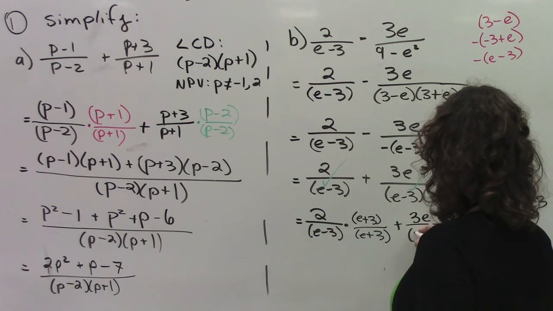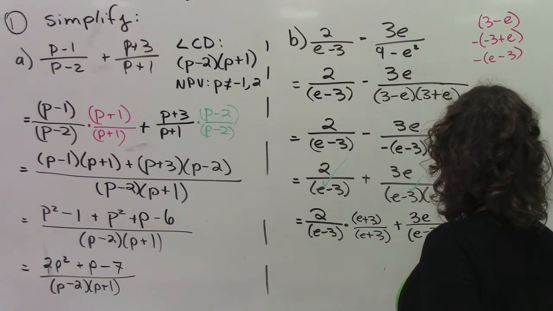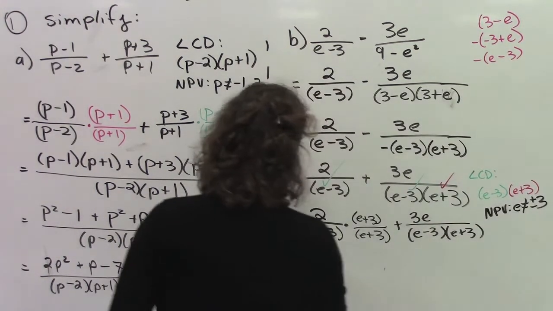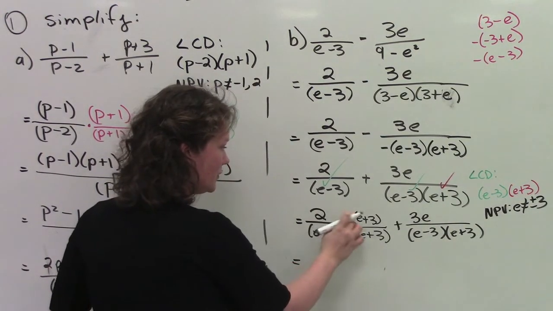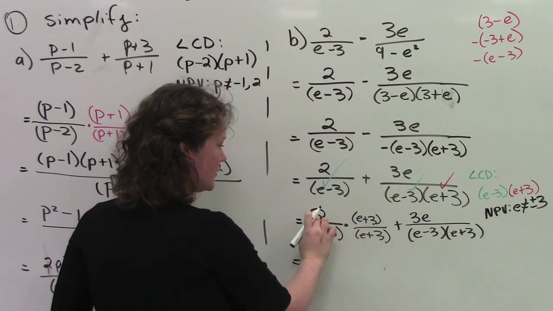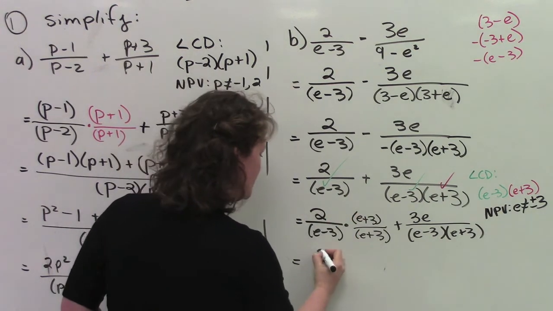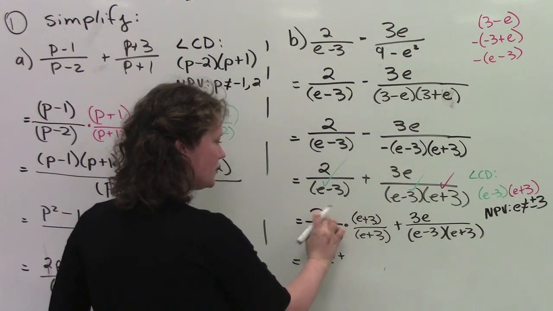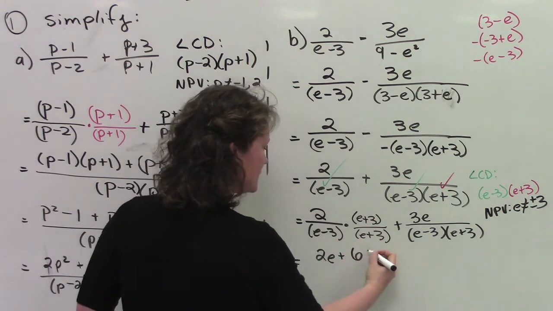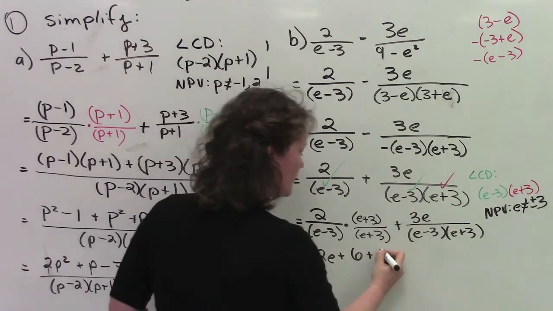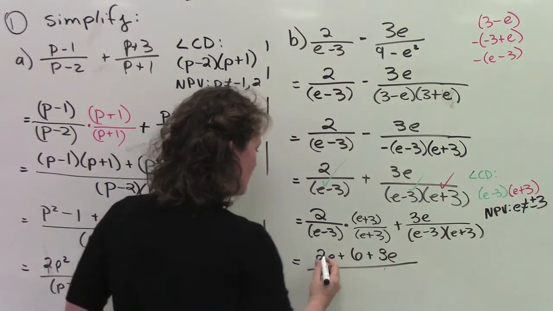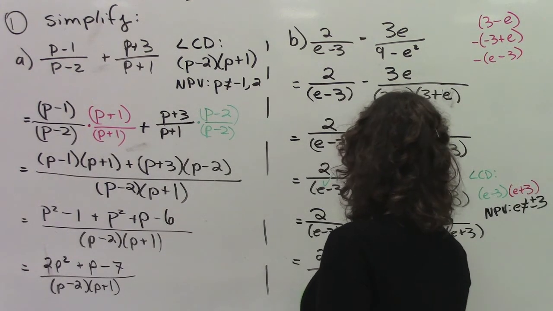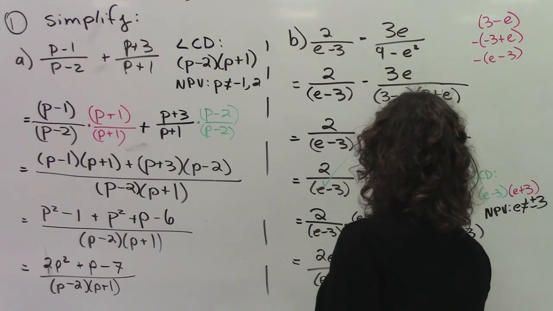3e over e minus 3, e plus 3. So then we actually get 2 times e, 2e, plus 2 times 3, 6, plus 3e, all over the common denominator, which is going to be e minus 3, e plus 3.